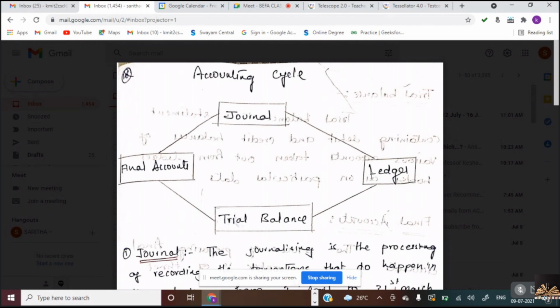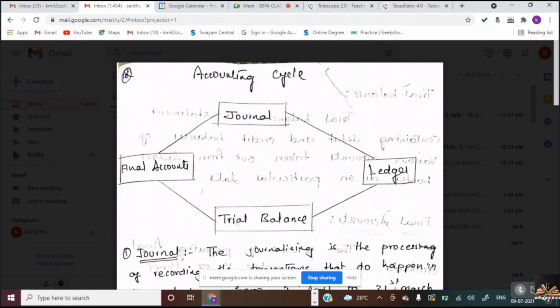Then for bank, all the bank transactions that occurred in journal entries, we prepare the bank account. Then the purchases account, for all purchases from 1st April to 31st March. Like that come the salaries account, furniture account, machinery account. Whatever we record in the journal entries, we open an account for it, known as a ledger. For example, stock: the opening stock, the purchases during the year, the closing stock.